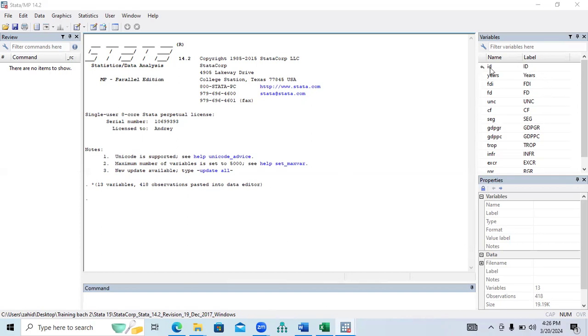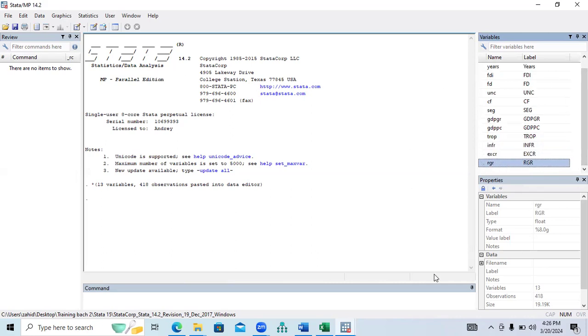The variables are located here. You can see the ID, the years, FDI, financial development, uncertainty, capital formation, sustainable economic growth, GDP growth rate, GDP per capita, trade openness, inflation rate, exchange rate, and real growth rate.